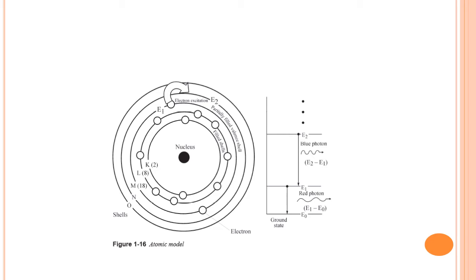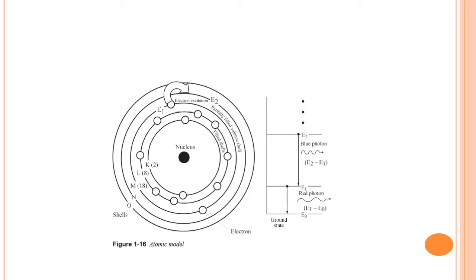So here I have a figure of the atomic model, and it's showing that an electron is getting excited from that state E1 up to E2. And we said last lecture, and I'm going to just repeat it here, that light is emitted when that electron drops from a higher level to a lower level.